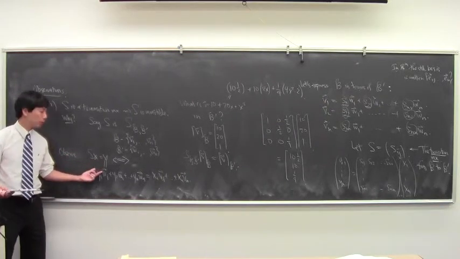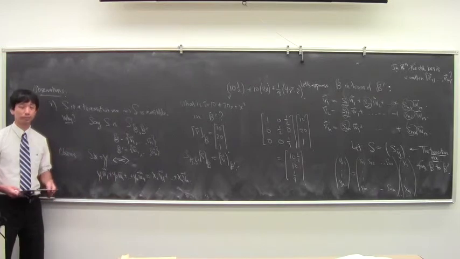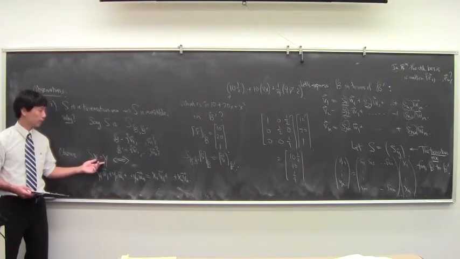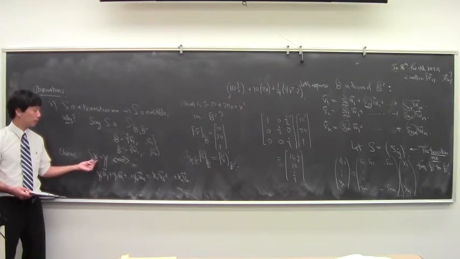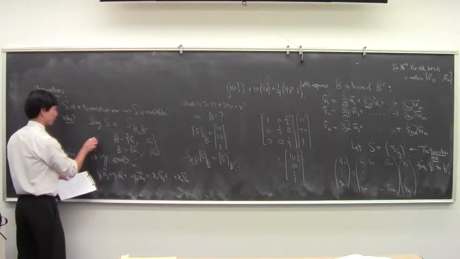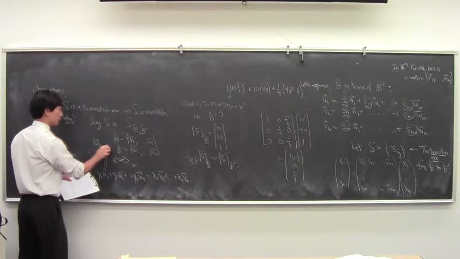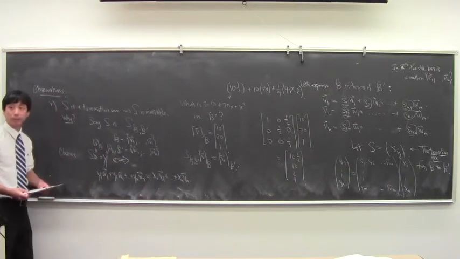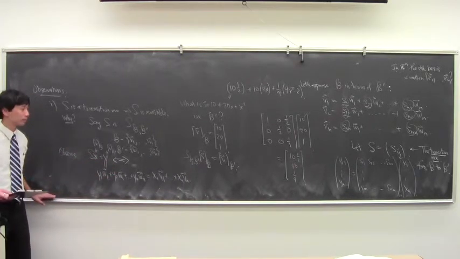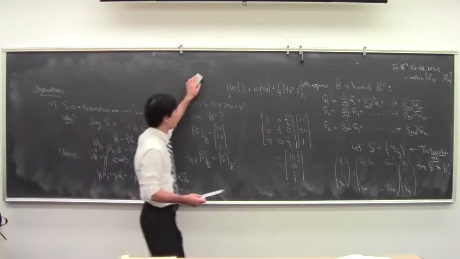Observe that Sx equals y means that this thing is the coordinate vector of something with respect to B, and this is the coordinate vector of the same thing with respect to B prime. So that's exactly this.